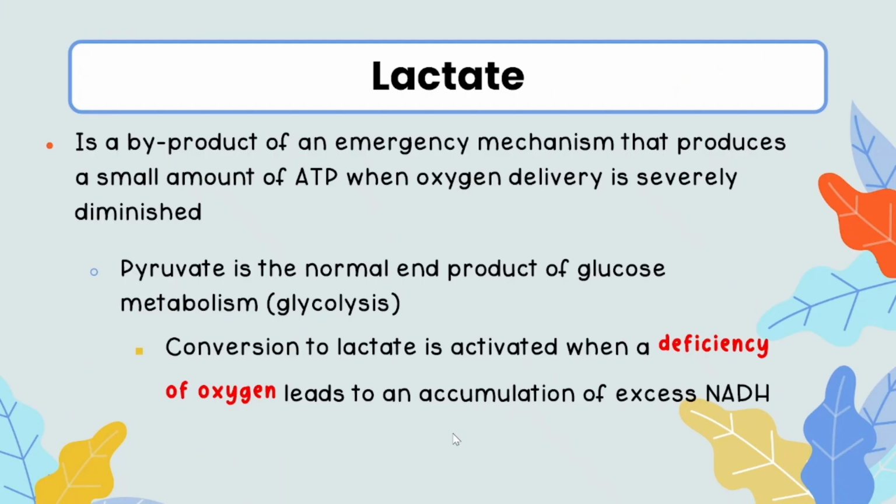As I have mentioned, the discussion of the other electrolytes is very short, wherein there are cases where they only have one method each. So here, going back to your lactate, it is a byproduct of an emergency mechanism that produces a small amount of ATP when oxygen delivery is severely diminished.